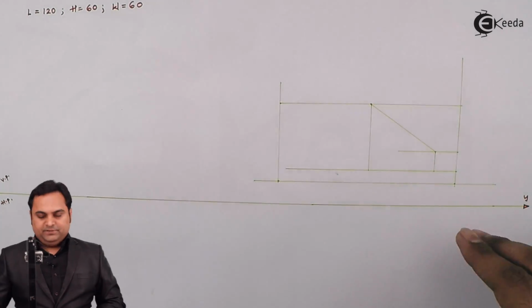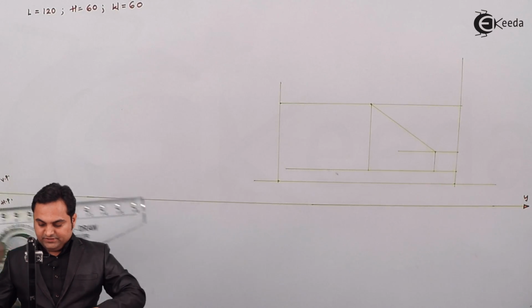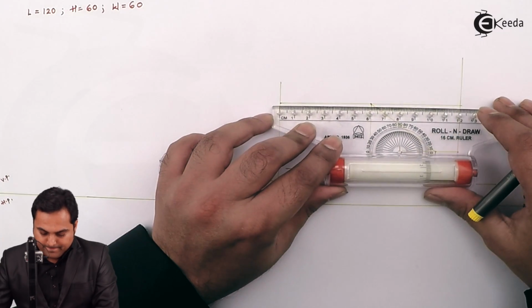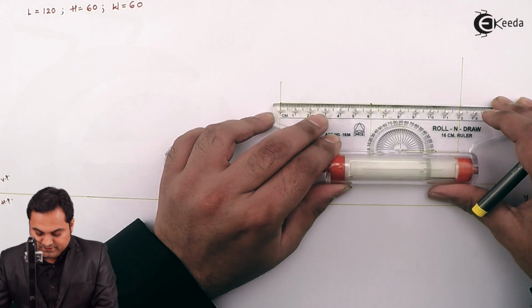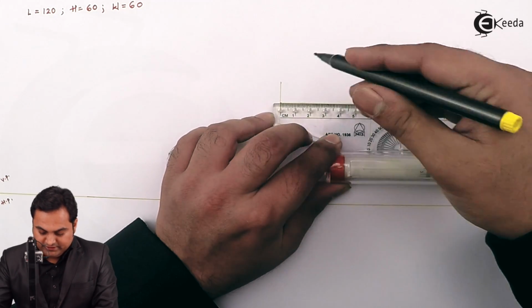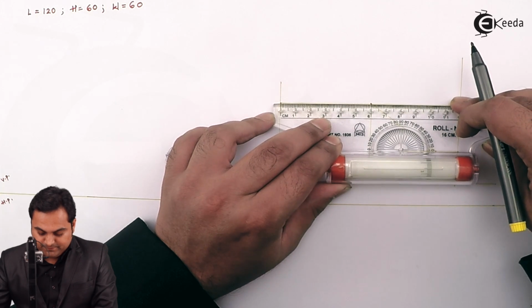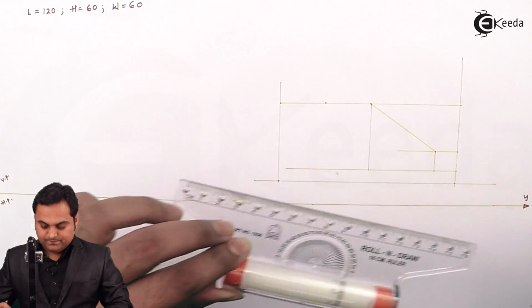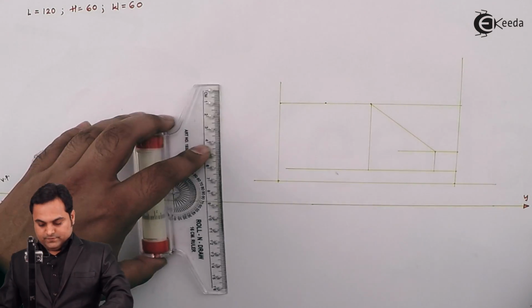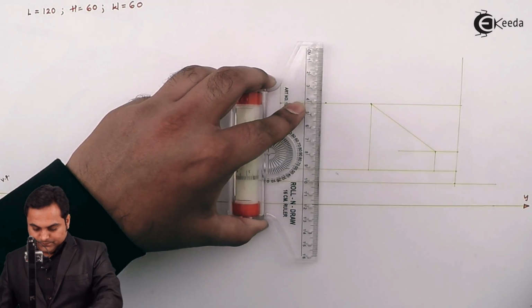After completing up till here, next I'll locate the center, that is, draw the center line for the cylinder. It is 60 mm in diameter, so I'll take half of that as the center, 30 mm from one side. Then I'll draw the center line through it.